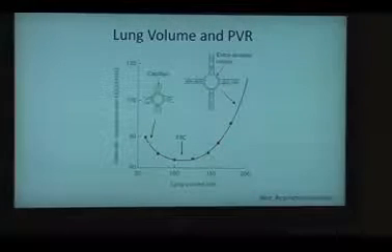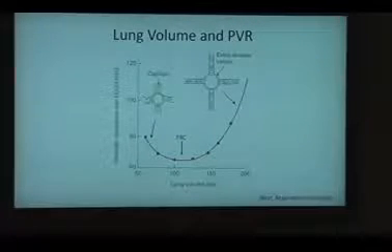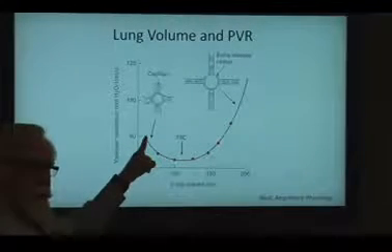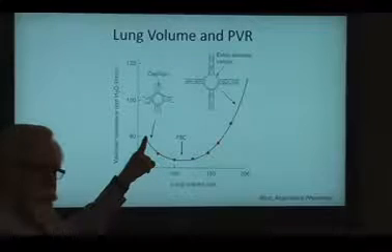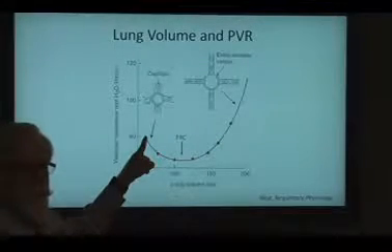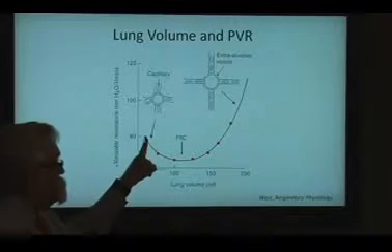So let's imagine our patient with ARDS who gets intubated and we put on the ventilator. They have a very low lung volume because of atelectasis and so forth. So they are here. Now if we increase the PEEP and we increase lung volume as a result of recruitment, what will happen to pulmonary vascular resistance?